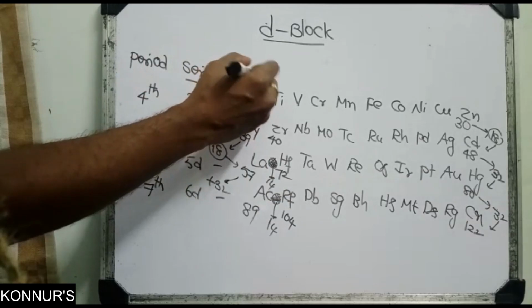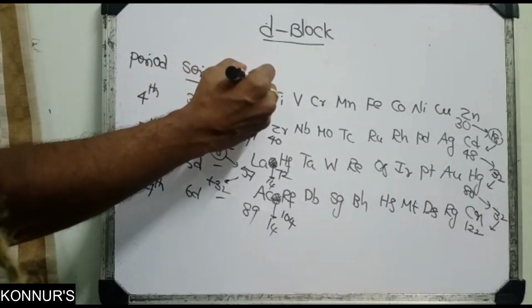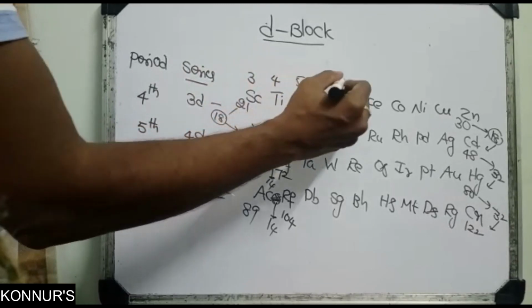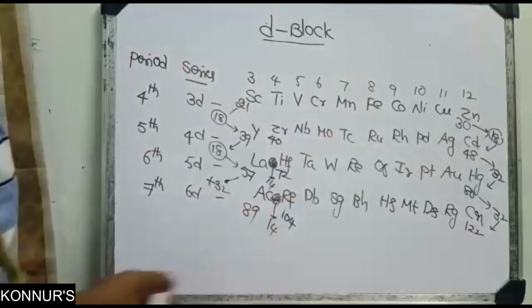Suppose you go to the group numbers: 3, 4, 5, 6, 7, 8, 9, 10, 11, 12 groups.